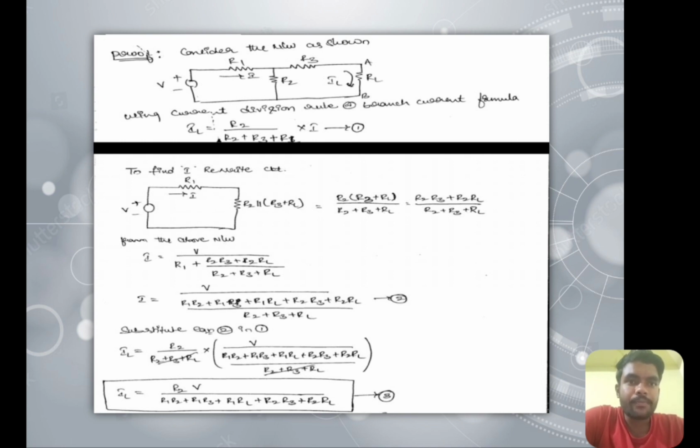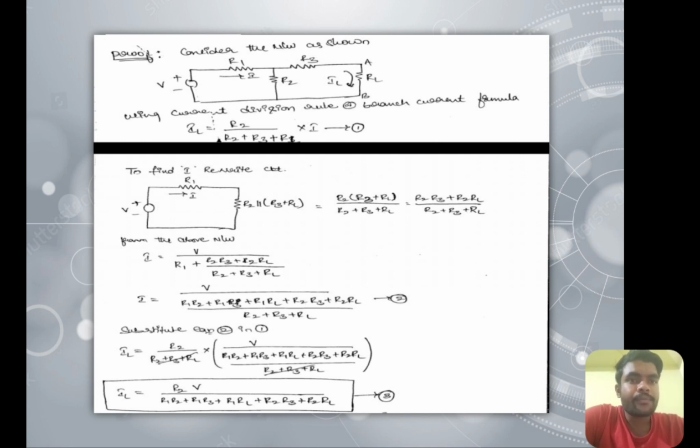From the above network, I is equal to V divided by R1 plus R2 R3 plus R2 RL divided by R2 plus R3 plus RL. I is equal to V into R2 plus R3 plus RL, divided by R1 R2 plus R1 R3 plus R1 RL plus R2 R3 plus R2 RL.